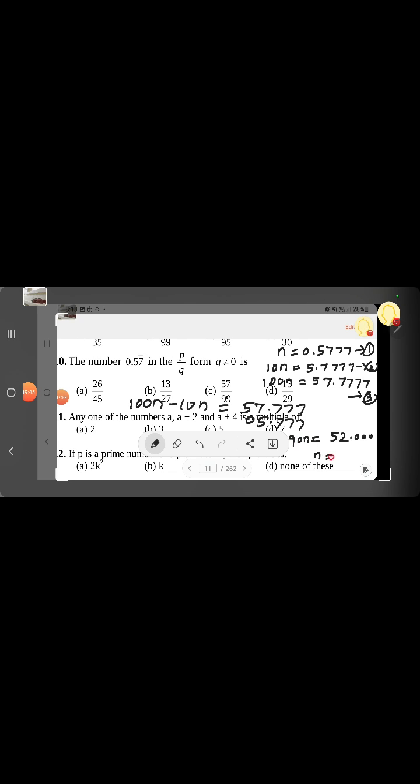So what is n? n is equal to 52 by 90. Okay, got it? 52 by 90. You can simplify this further by dividing both the numerator and denominator by 2. So you get 26 by 45. So this is the right option. This is the right answer for that problem.